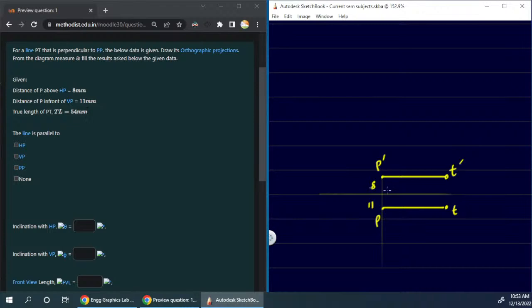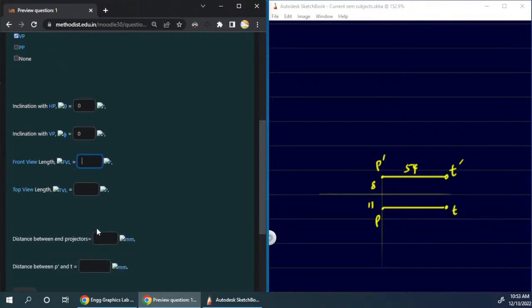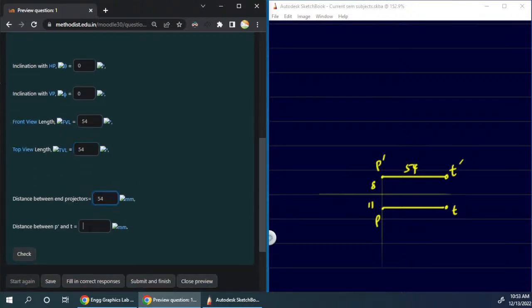So true length is 54. The line is parallel to both VP and HP. Their inclination with HP is going to be 0, this is going to be 0, front view length is going to be 54, top length is going to be 54, and projected distance is 54, p dash to t, so this distance will be the calculation.